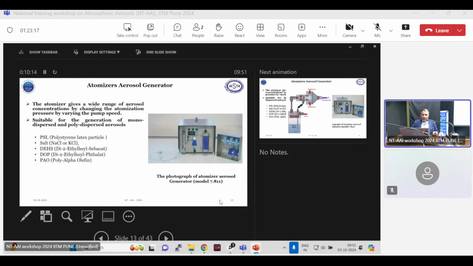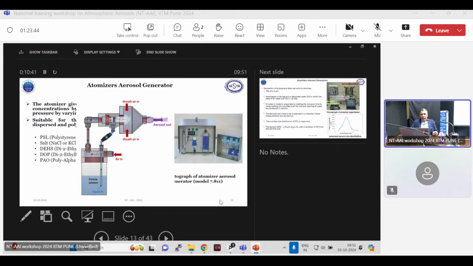So this is the atomizer generation picture, where we can use various types of particle like PSL suspended in some solution, like a colloid, and salts like NaCl or KCl, and then DOP and PAO aerosol, all of which are liquid aerosol, so they can be atomized by this atomizer to generate the aerosol for whatever the application.